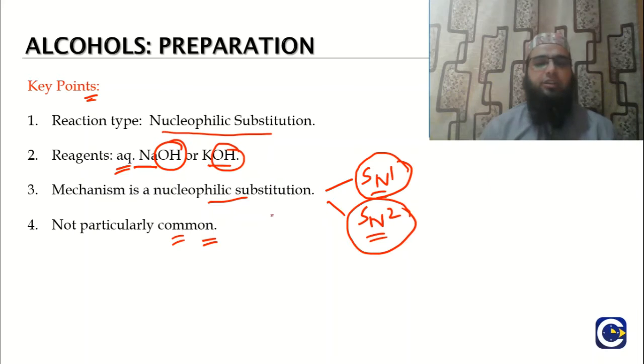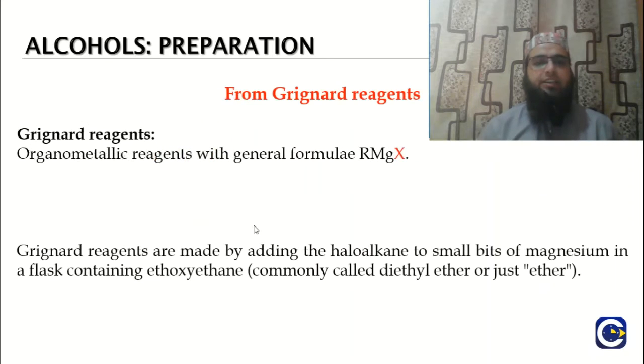So this is not the key reaction for the preparation of alcohols, but the reaction is there. The next one is the important one: we can prepare alcohols from Grignard reagents.